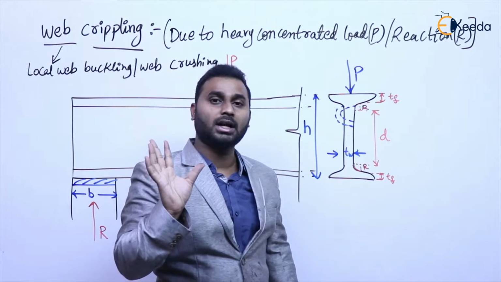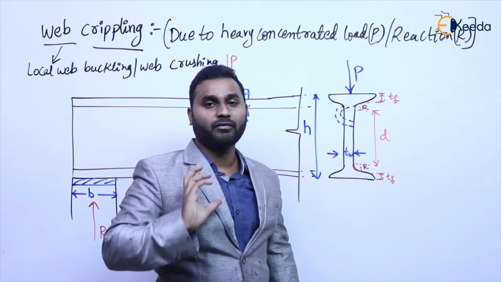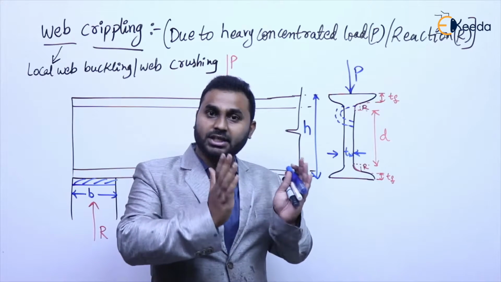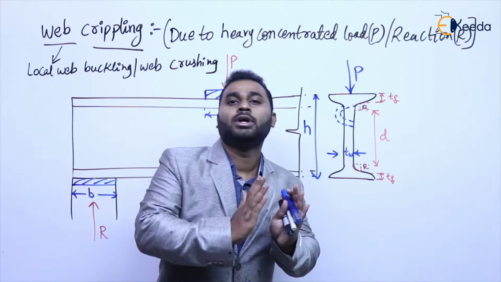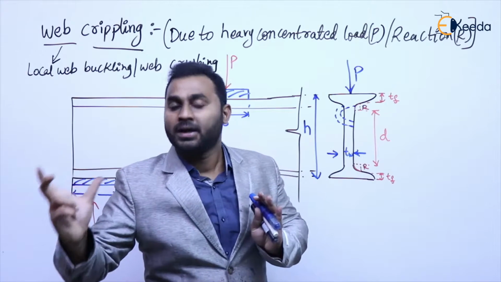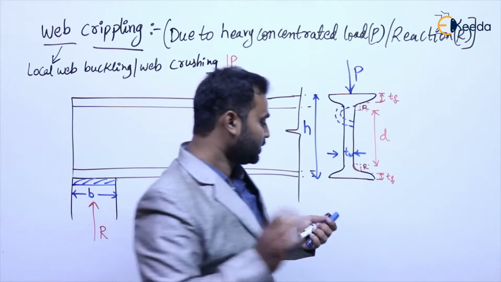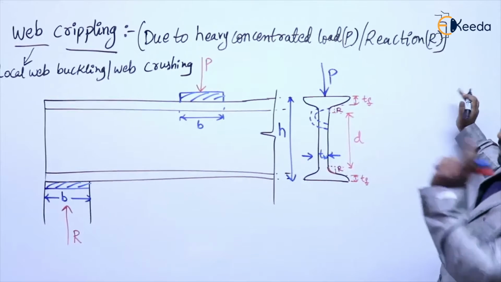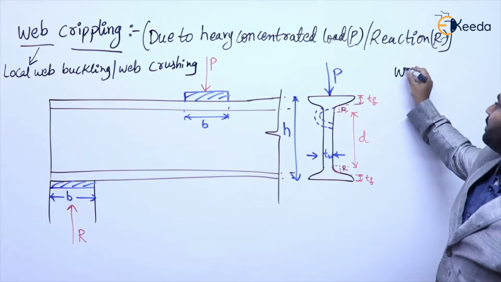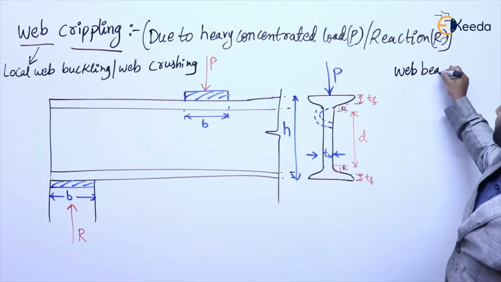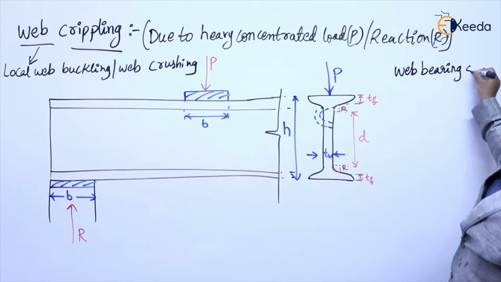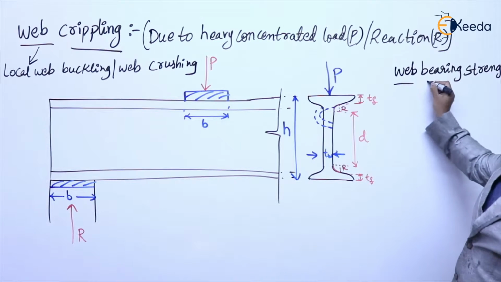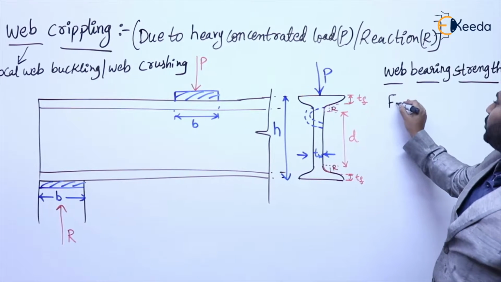So for finding out any strength, we have one formula, which we discussed already in our beginning class. Strength is nothing but force. To get the force, we need to multiply area into design stress. So here also, web buckling strength, or web crippling strength, also called web bearing strength, we represent with Fw.